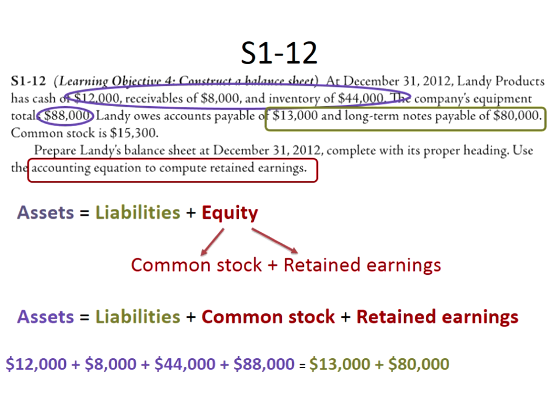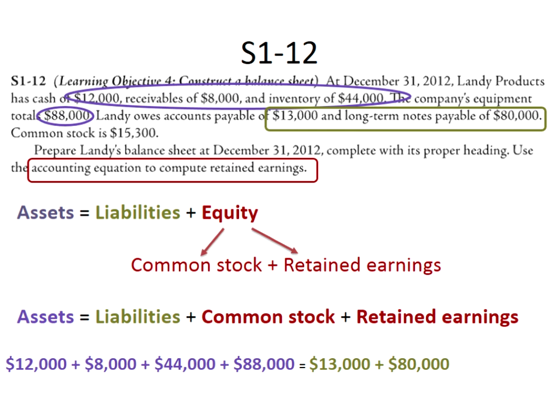I filled in some numbers here, so I've done a two-step process. Assets, in the problem, I've circled them in purple. As we start reading, the company has cash of $12,000, so that's an asset. Receivables of $8,000, accounts receivable is an asset.